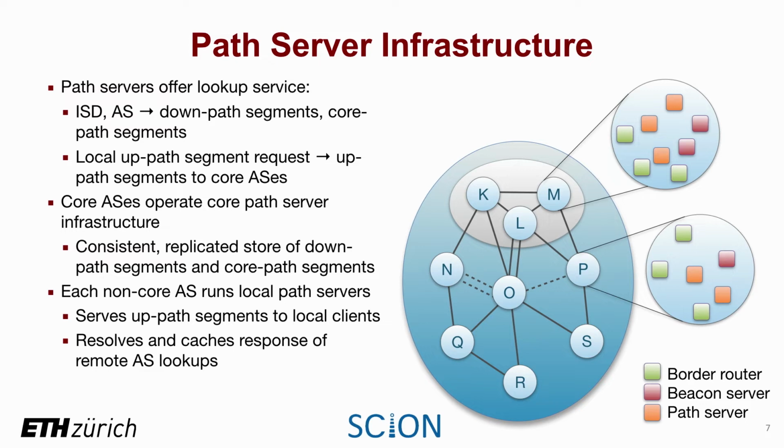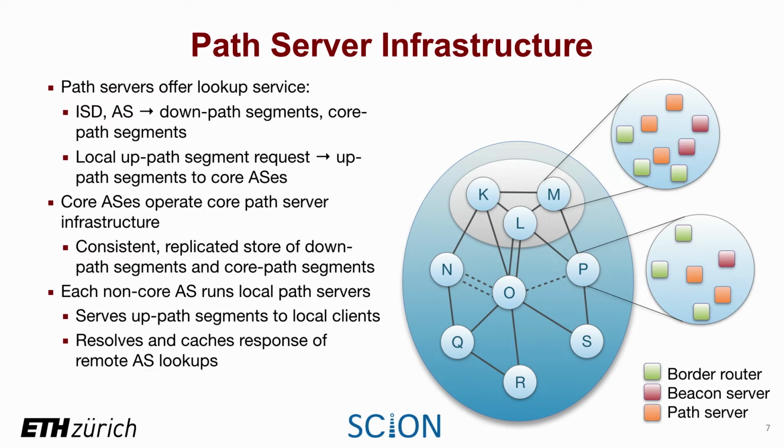And in essence, the paths are interchangeable, so you can convert an up path into a down path, but this terminology simplifies the description, as we're going to see in the remainder of this video. A core path then represents a path amongst core ASs, and they're needed to connect up paths to down paths. All right, so these path servers, again, offer this lookup service to look up these different sets of paths.